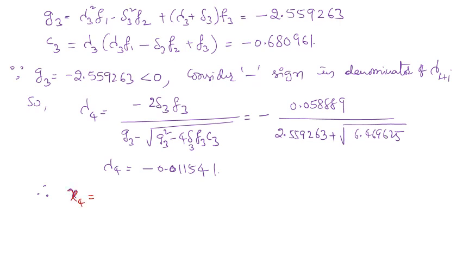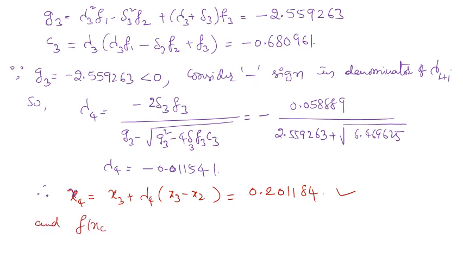Then, what is the next approximate root? X4 is equal to the formula x3 plus lambda 4 into x3 minus x2, right? Substitute every value, and this is the next approximate root. And what do I have to calculate? F of x4, nothing but the f4 value. This value is 0.002223.